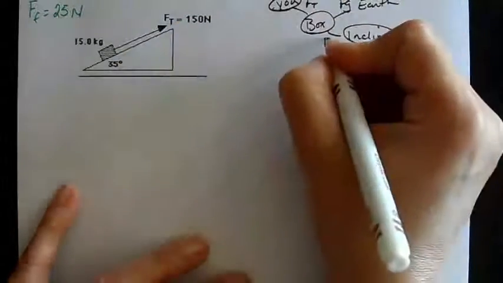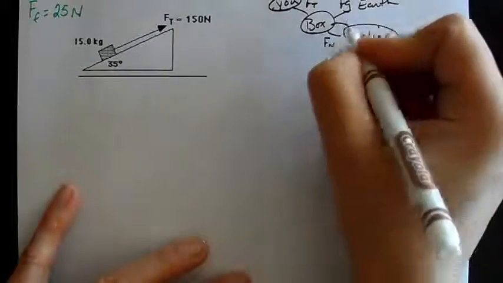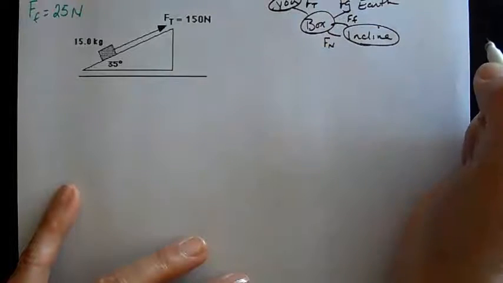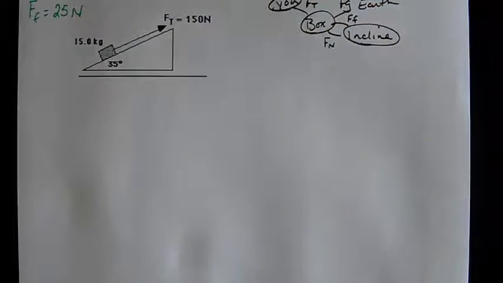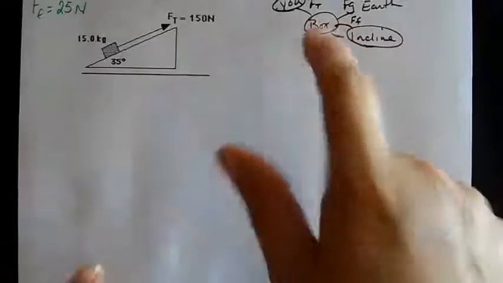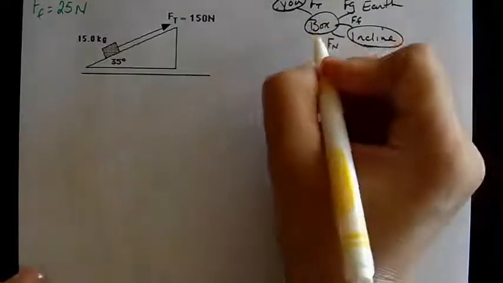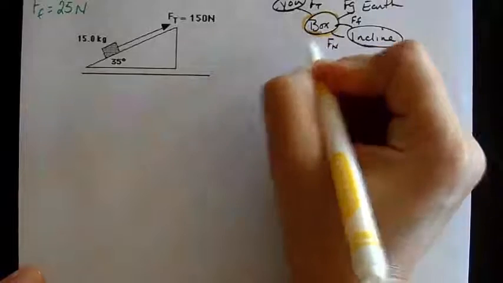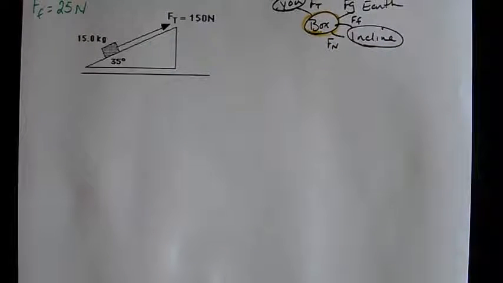Okay, the first thing we still have that normal force from our incline, but our inclined surface is also supplying friction. Okay, so those two surfaces going together, you're going to have some friction on there. So these are the forces that we've got. So when we look at our box, we have 4 forces now. We look at everything that's surrounding that box. Anything that touches that line is going to be a force acting on our box.